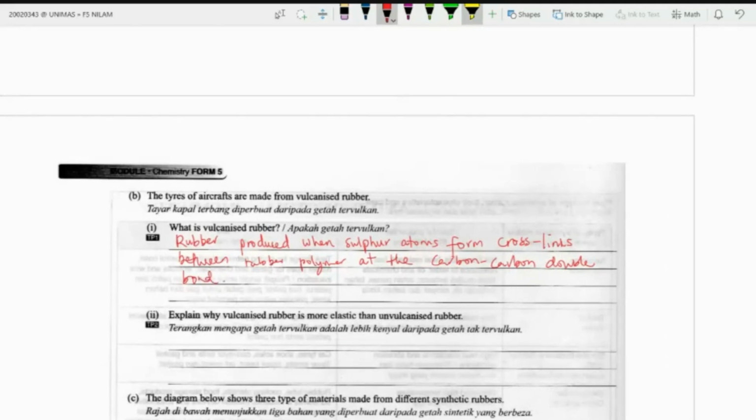The keywords here: sulfur atoms, cross links. Correct.